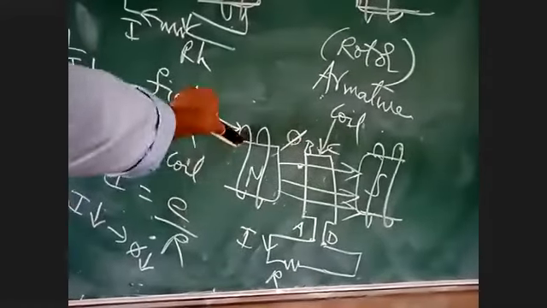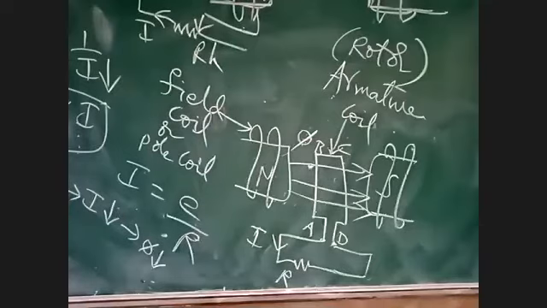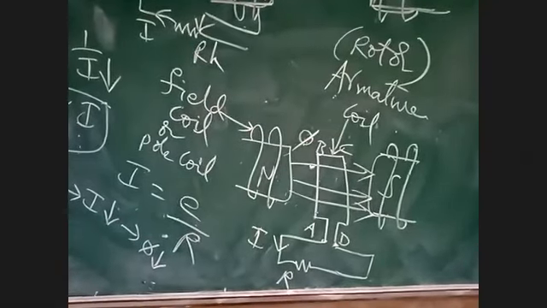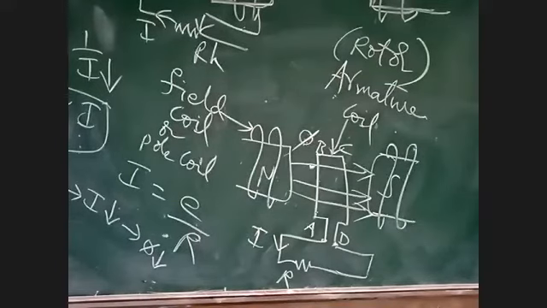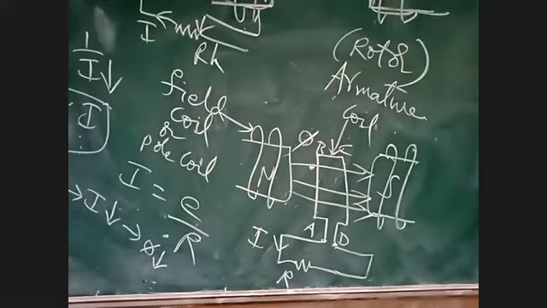The field coil is only to magnetize the iron piece as a magnet. Take any machine, whether it is a DC machine or AC machine, you will observe two coils: one is the field coil and the other is the armature coil. Always in the armature coil, EMF is induced. The field coil is to make the iron piece a magnet.